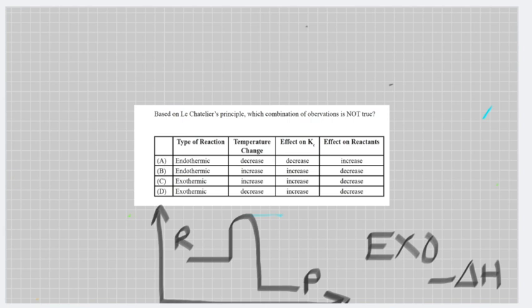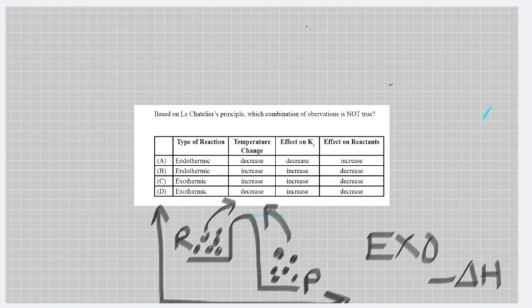Now let's try C and see how C works out, if it's going to make sense. If you increase the temperature, then you increase the probability of product particles crossing the barrier, because suddenly now they have more energy to cross this high barrier. Reactants will also cross the barrier a lot more. But which side will get more benefit if we think of it like that?